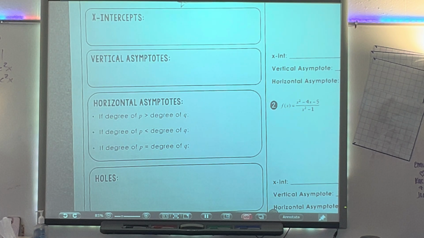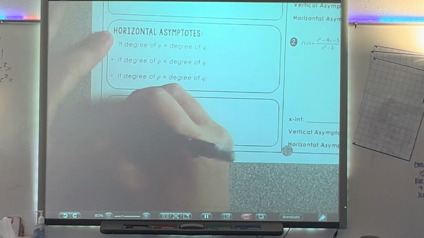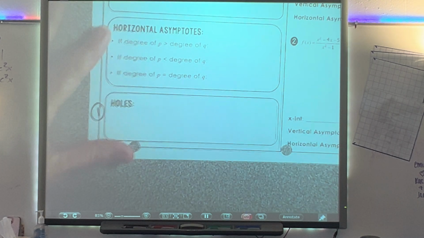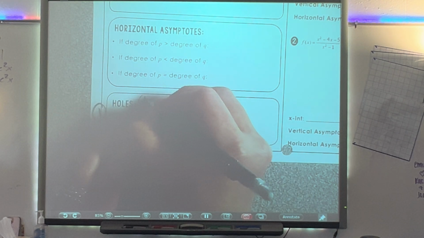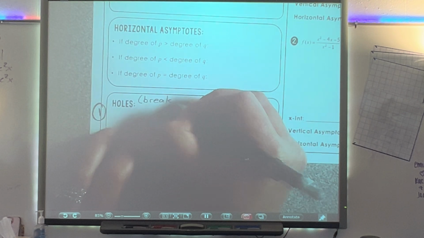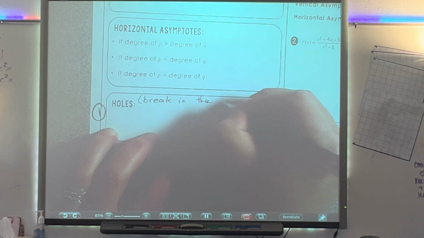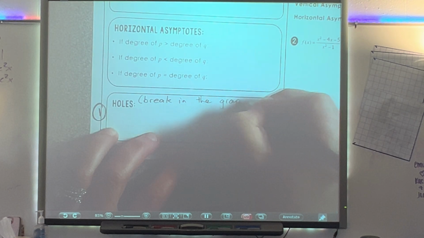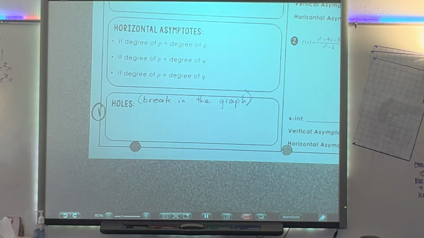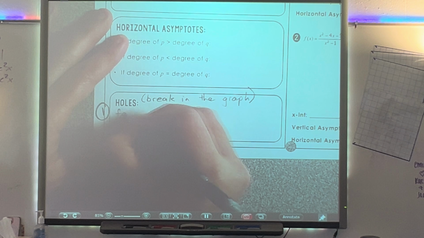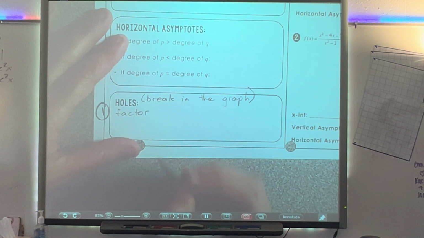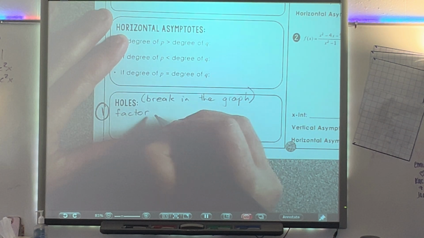All right, so I'm going to do this in this order, and I'm going to say holes we're doing first. Are we okay there? That's where I'm going first. A hole, remember, is just a break in the graph. So what I'm going to do is factor.